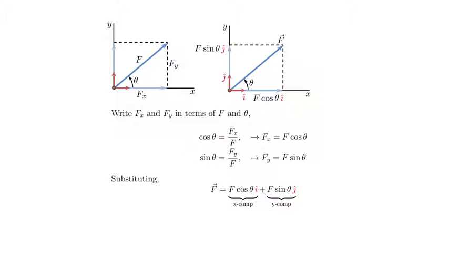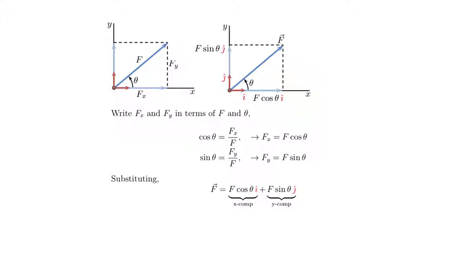In this figure, we write the fx and fy components as the adjacent and opposite sides of a right triangle with angle theta and a hypotenuse given by the magnitude, the length of vector f. From the definition of cosine as adjacent over hypotenuse and sine as opposite over hypotenuse, we can express the adjacent side fx and the opposite side fy in terms of the magnitude f and cosine and sine of the angle theta.